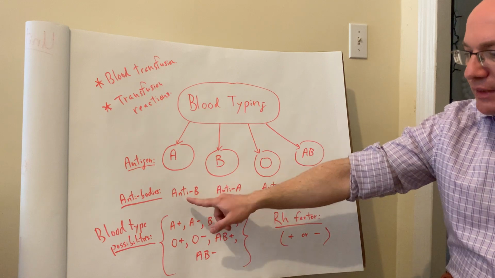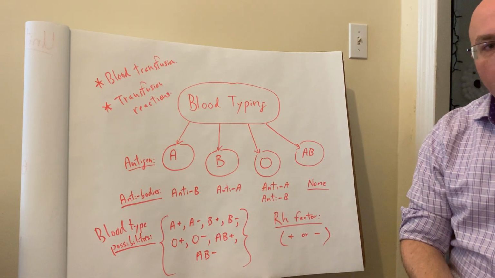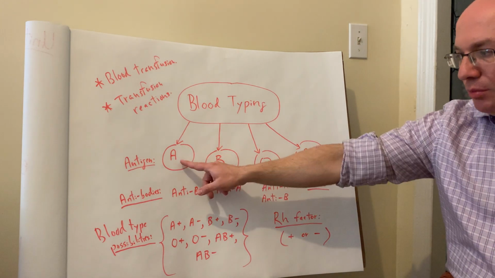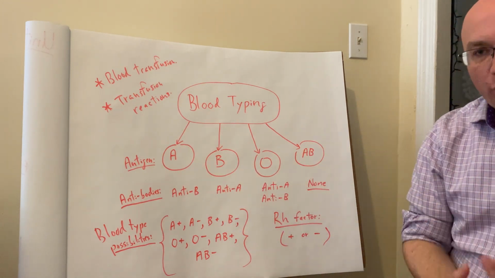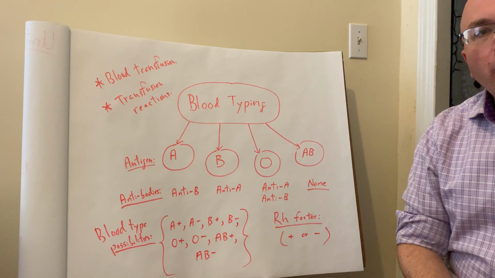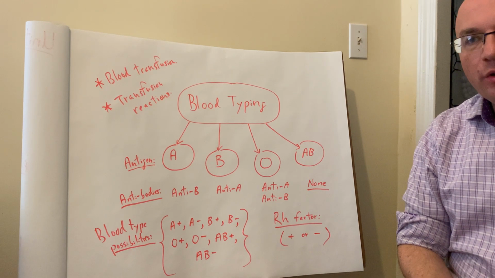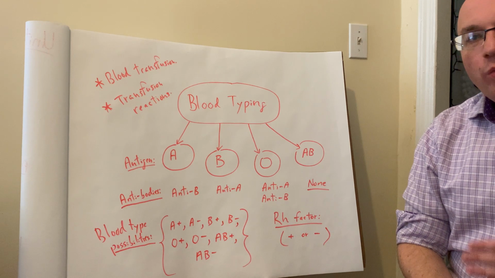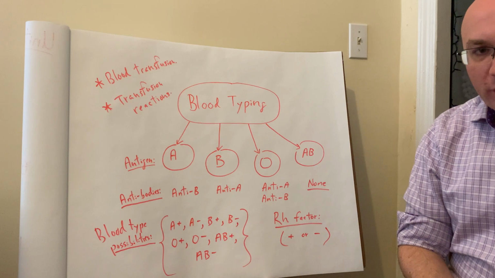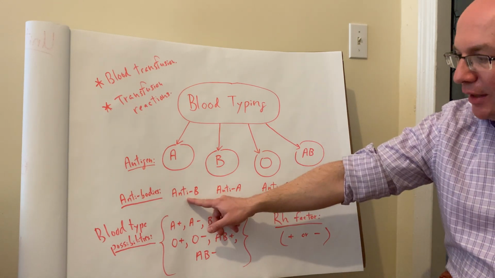Now, you might say, why is it anti-B? The reason it's anti-B is, if you think about it, you cannot generate an antibody against your own type of antigen because you'd be destroying your own cells, right? That doesn't make sense. So the body kind of just in advance knowing that one day you might encounter a foreign blood, it will generate basically antibodies for the opposite type of antigen that exists. Okay, in this case, it would be anti-B.